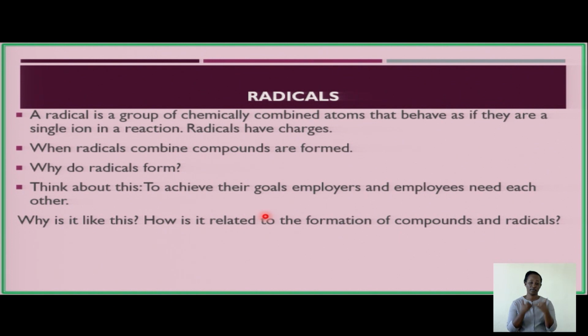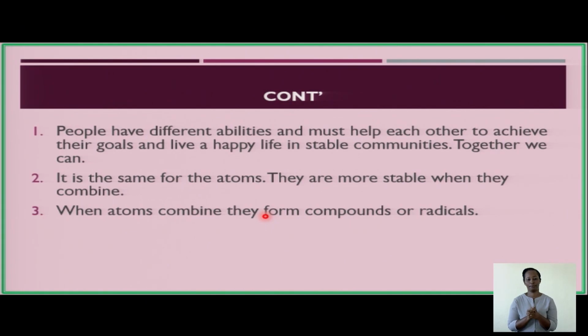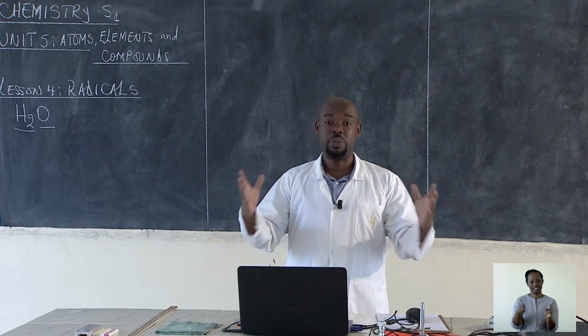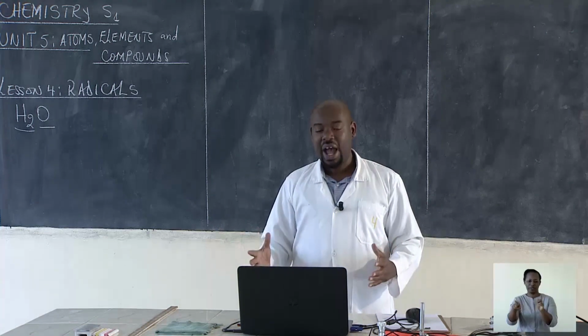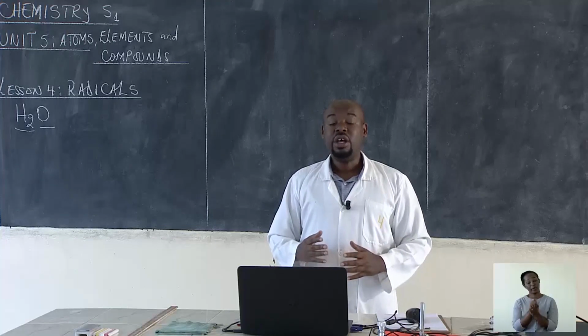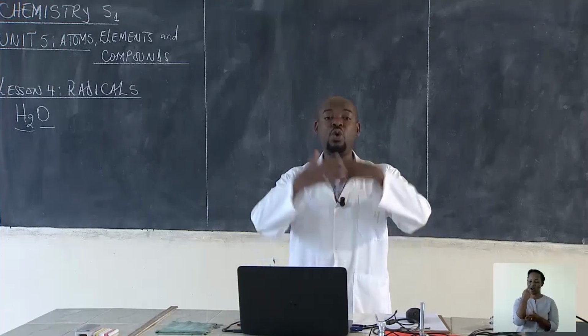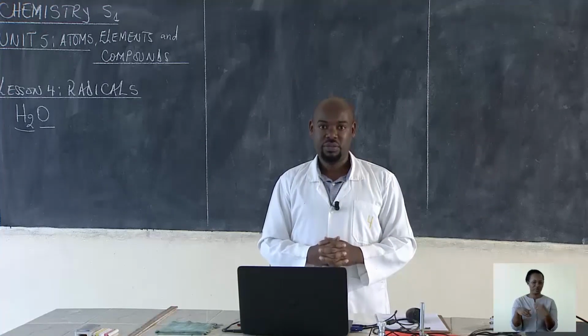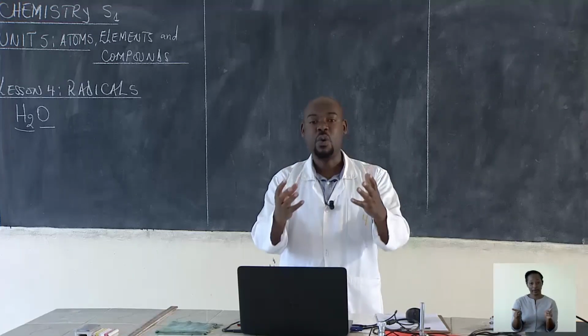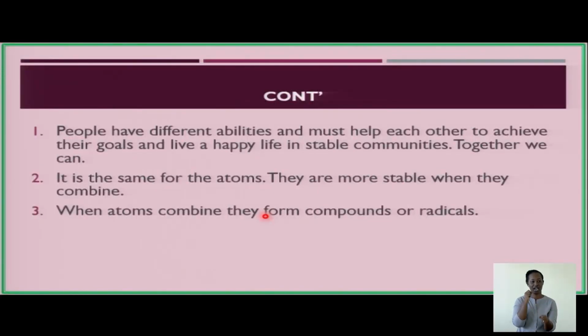Let us find the answer on the next slide. We know that people have different abilities, different skills, different competencies. And because of that, there is no one who can do everything. But everyone can do something. So we are there to help each other, to complement each other.